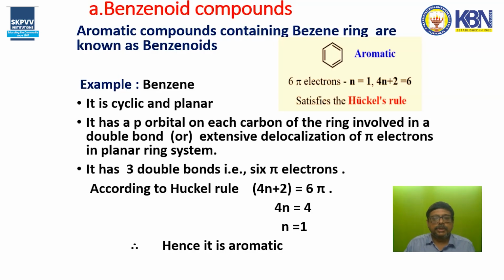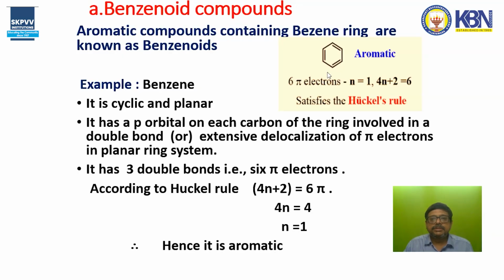See, in this slide, benzenoid compounds. Usually, aromatic compounds containing a benzene ring are known as benzenoids. For example, the parent ring is benzene. In this structure, benzene is cyclic and planar. It has a p orbital on each carbon of the ring, involved in a double bond or extensive delocalization of pi electrons in a planar ring system.